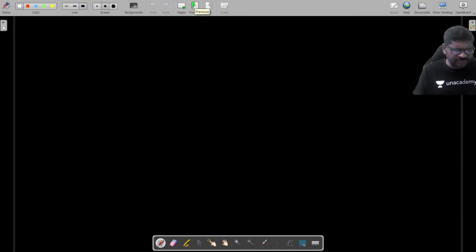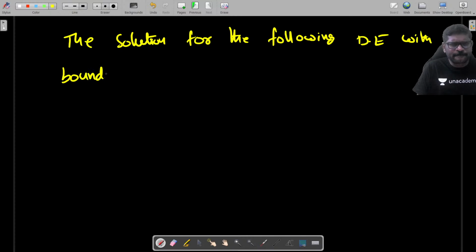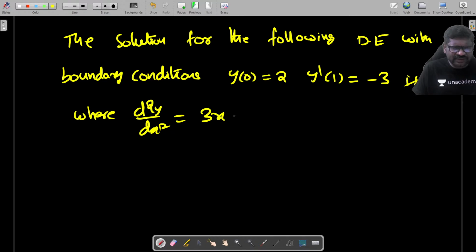Next problem. The solution for the following differential equation with boundary conditions y of 0 equal to 2, y dash of 1 equal to minus 3 is, where d square y by dx square is 3x minus 2.